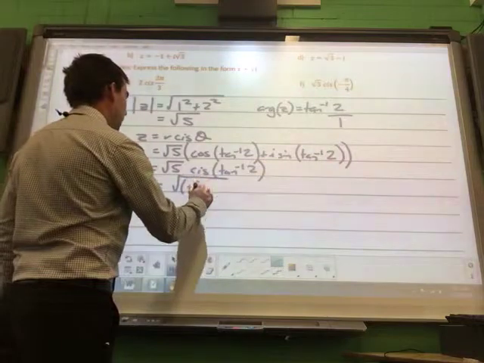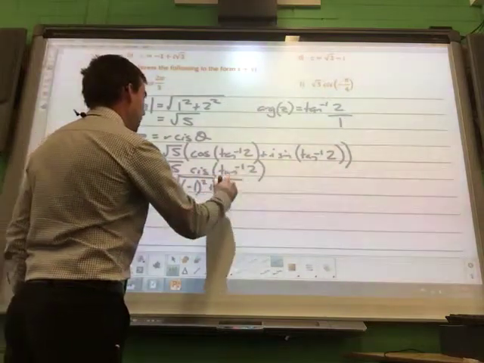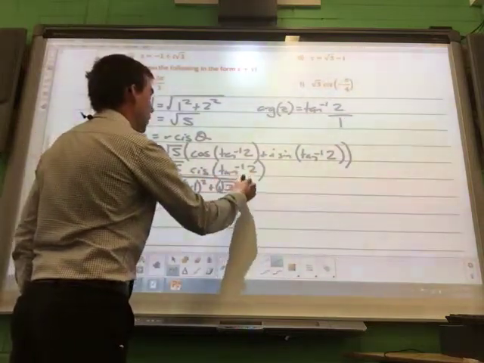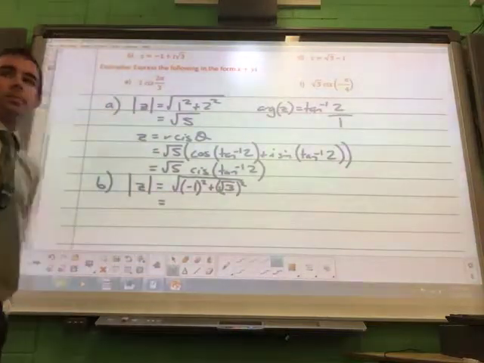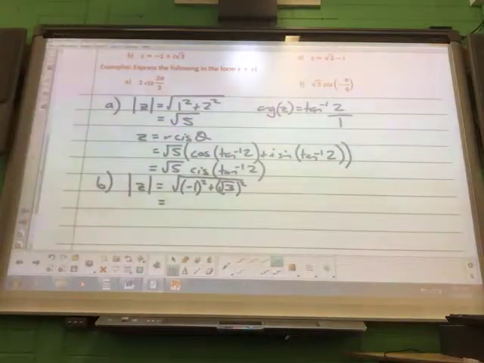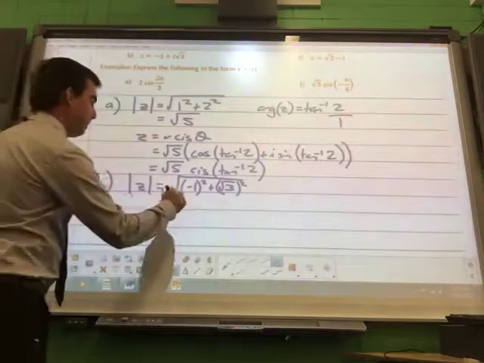Square root of (-1) squared plus root 3 all squared, which simplifies to 2.